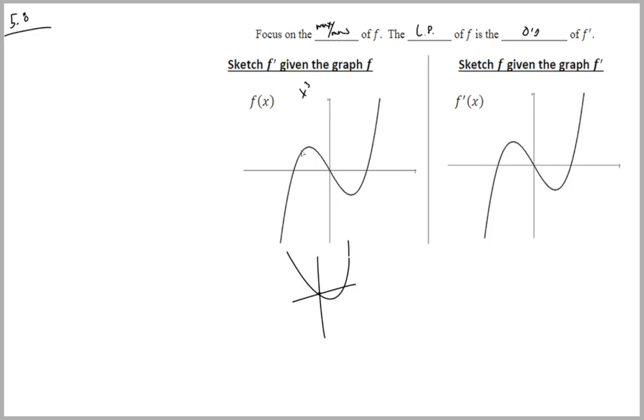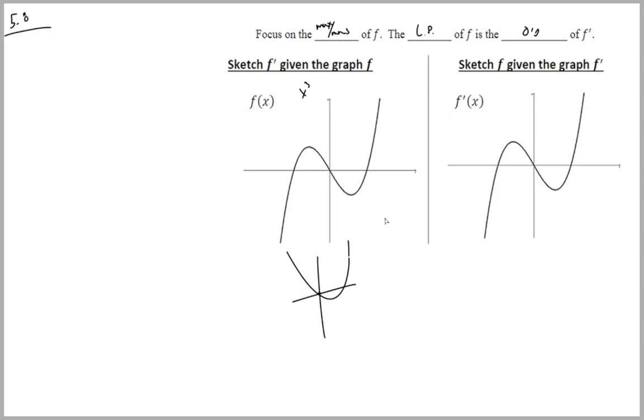The derivative is 0 where it starts to go negative, which would be this. Then it reaches 0 again at this point and starts to go positive again. That's sketching an f prime graph given the graph of f.